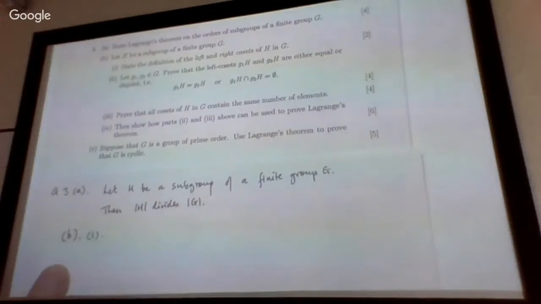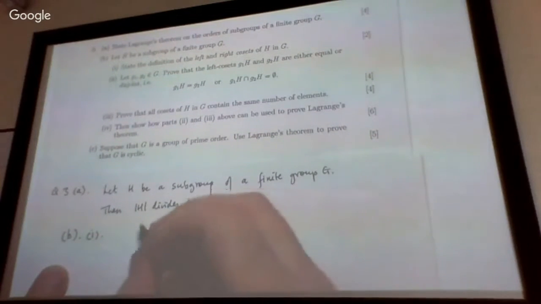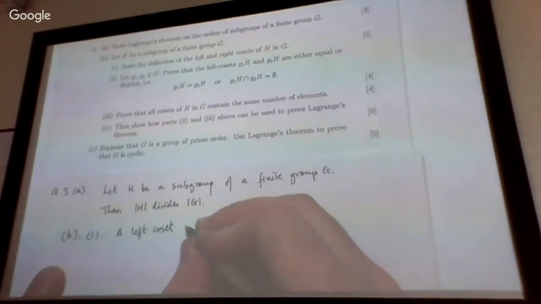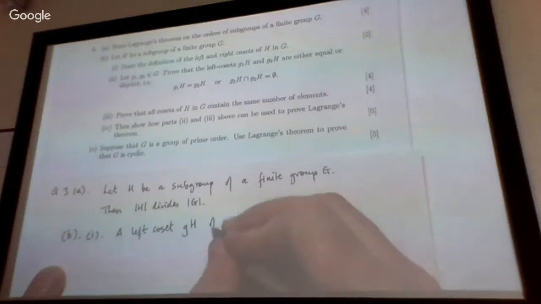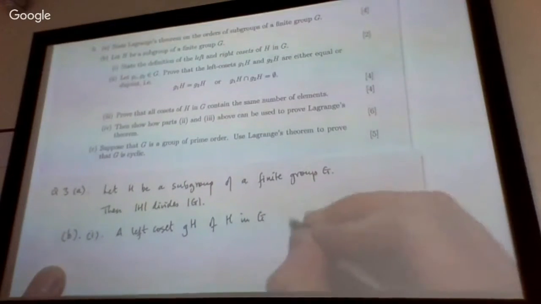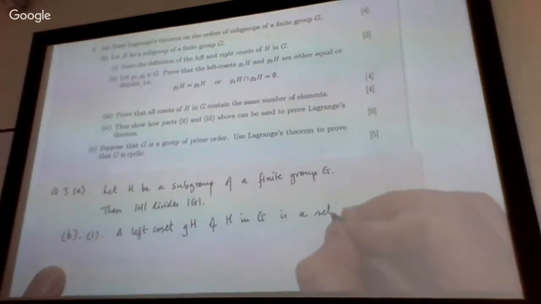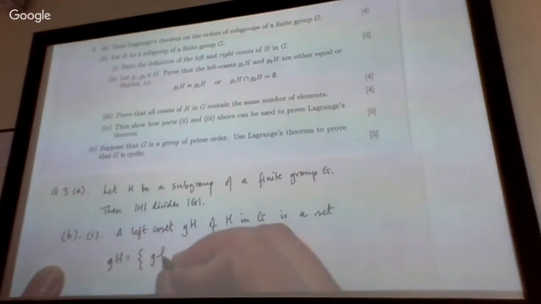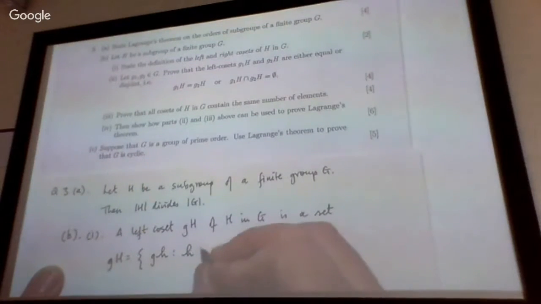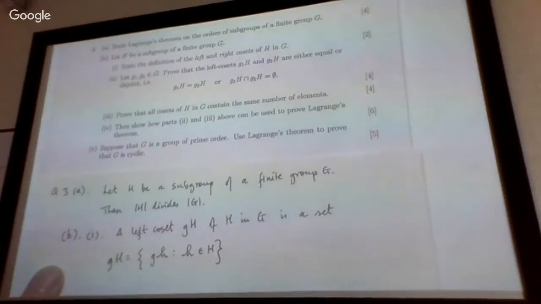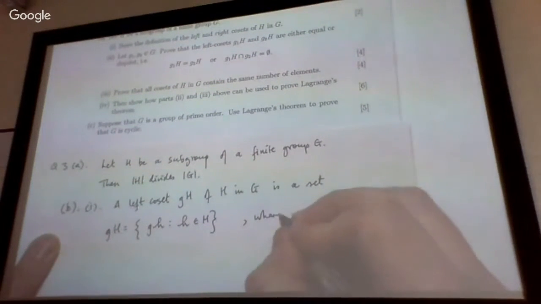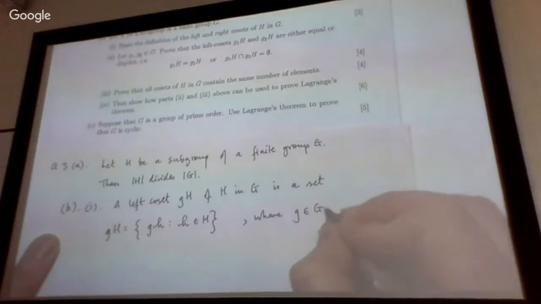Again, it's pretty standard bookwork stuff. Okay, so a left coset, which we write as gH, of H in G, is the set gH which consists of all products little g times h, as h ranges over all the elements of H, and we should say where g is one particular choice of element.